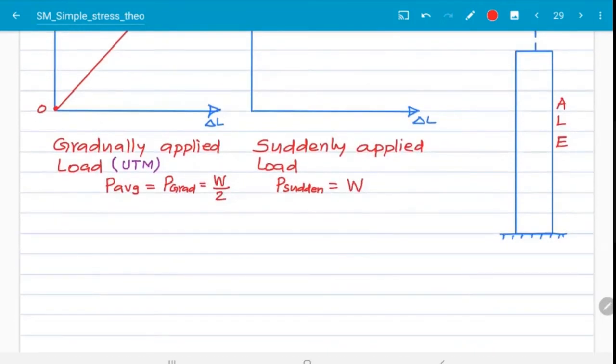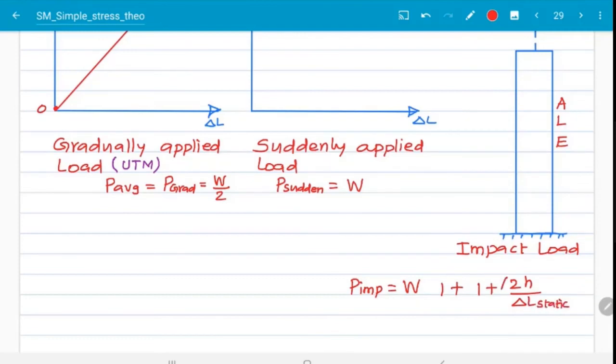Now I'm going to write the impact load details. Impact load, P impact, is equal to W into 1 plus square root of 1 plus 2H by del L static. This is the multiplication factor.